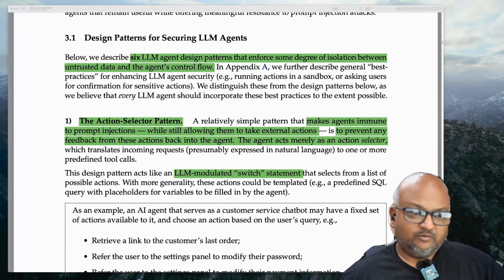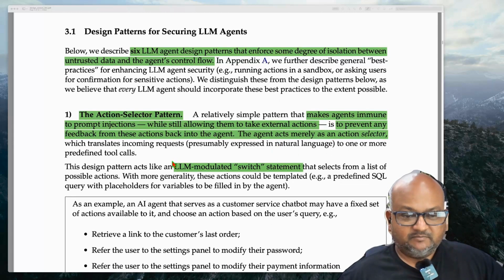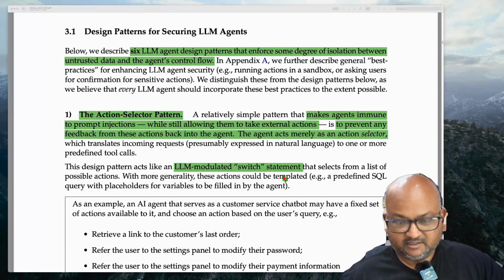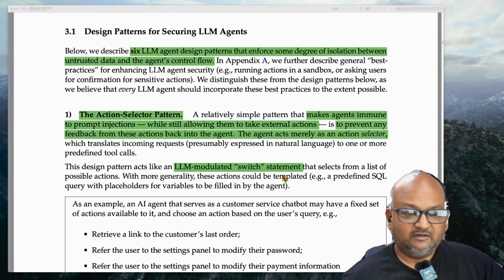Let's look at one of these design patterns. There are six of them. I'd really encourage you to read the whole paper. But the simplest one is what they call the action selector pattern. And the main idea here is you use the LLM as basically a natural language-driven switch statement that picks one of many actions or one of many tools based on natural language input from the user.